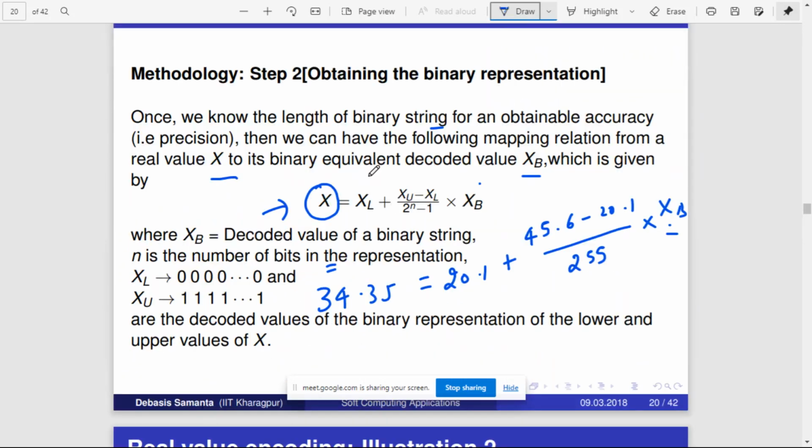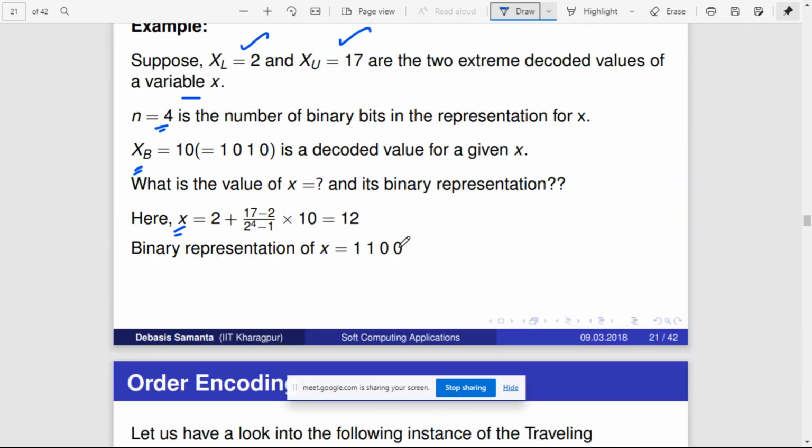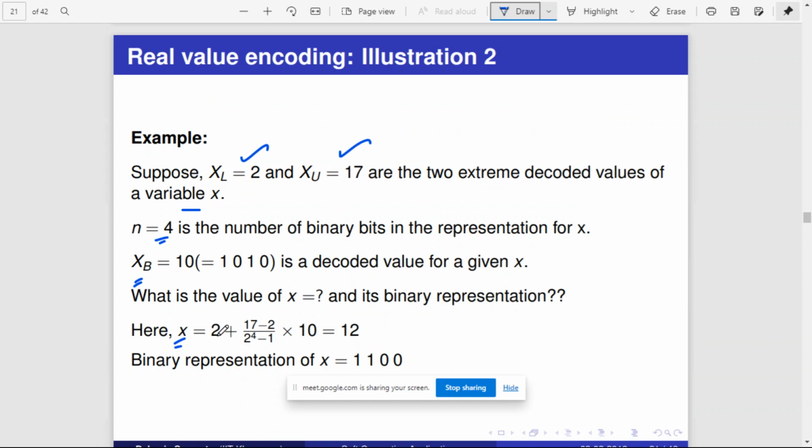So the same formula, we have to find x. Here xl is 2, xu is 17, 17 minus 2, n is 4, so 2 to the power 4 minus 1, into xb is 10, right? If you solve this equation, 17 minus 2 is 15, and 2 to the power 4 minus 1 is 15.